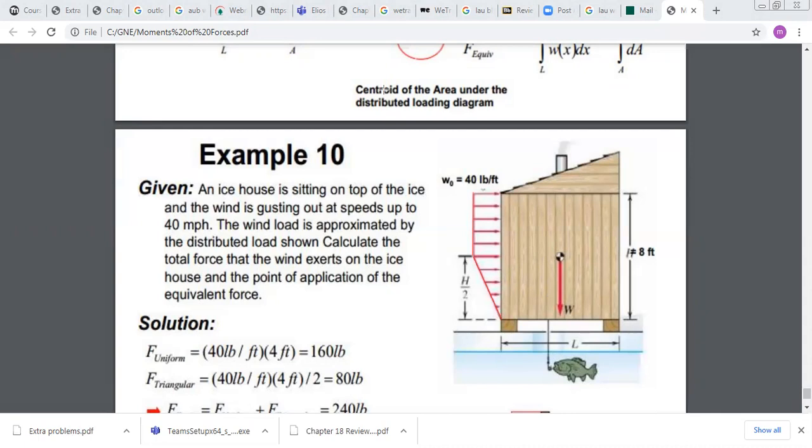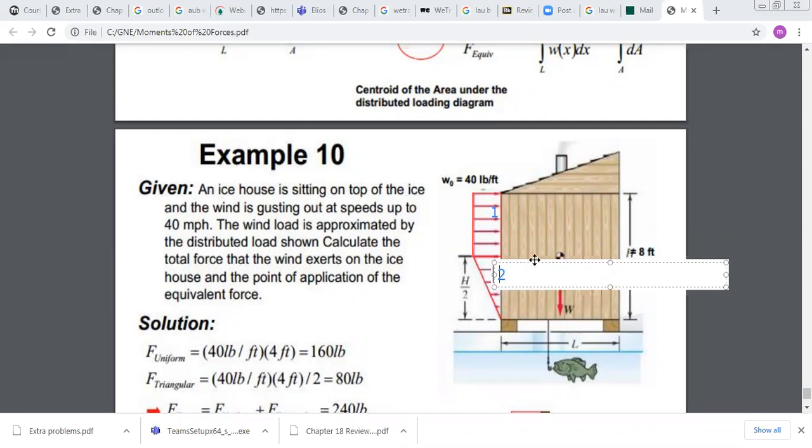To do this, you can see from your figures that this distributed load can be divided into two main parts. The first part is here, a rectangular load, and I will call it part 1. Doctor, distributed load here, force of the wind. Yes. And the second part is the triangular load.